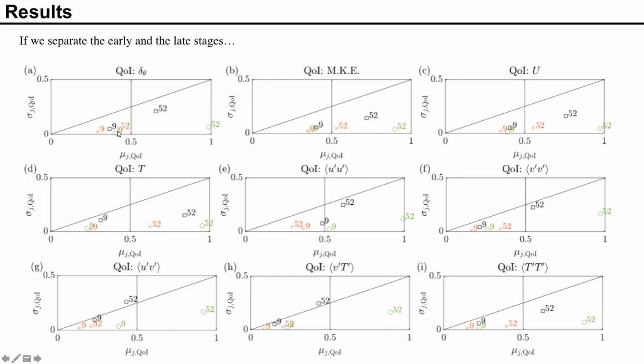The blue symbol shows the results for the early stage, and the red cross symbol shows the result for the late stage. So as you can see here, by separating the late stage and early stage, we significantly lower the inconsistency, right? And that verifies our physical interpretation.